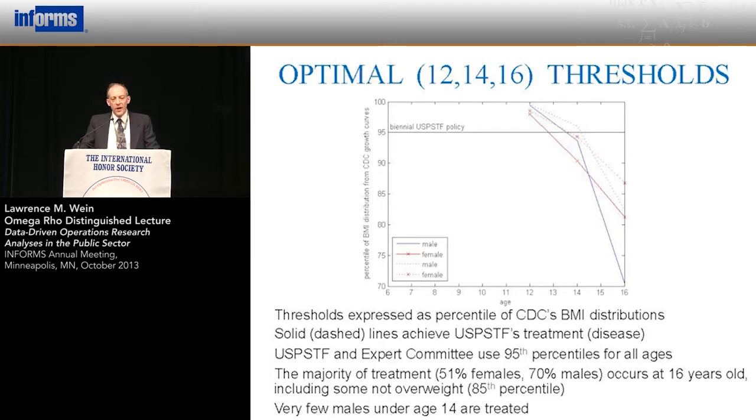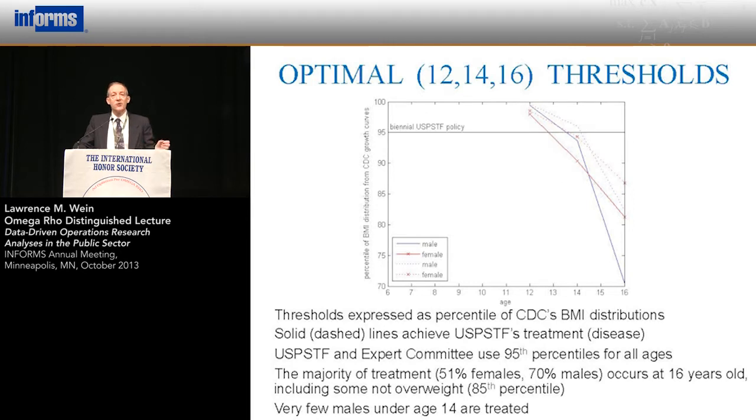So in particular for boys, for the policy that has the same cost as the proposed policy by the task force, what you would do is go into every junior class of every high school in America and take over 50% of the boys, some of whom are not even overweight, never mind obese, and refer all of them to treatment.